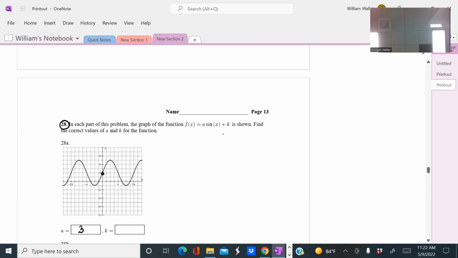Because where would that normally be on the sine curve? At 0. But now it's up at 2. So it looks like your k value there is just 2, right? Okay. So this must be the graph of 3 sine of x plus 2. Just that easy.